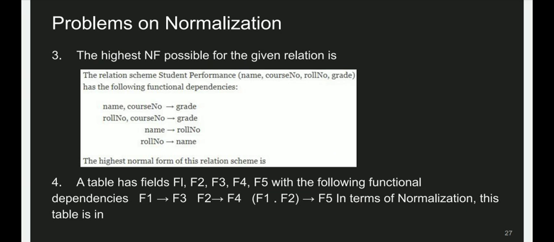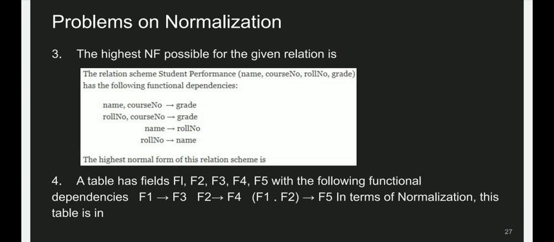So what you have to do is check the conditions for different normal forms. First normal form, by default it will be there. For the second normal form, there should not be any partial dependency. The non-prime attribute here is grade, and it is fully functionally dependent. So second normal form holds.